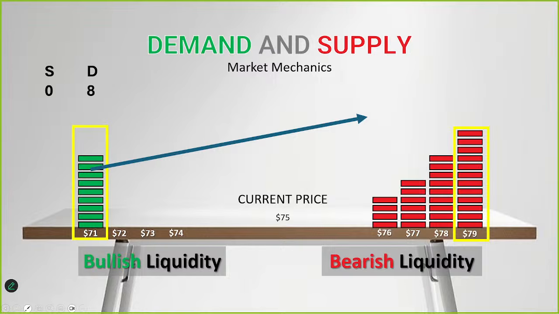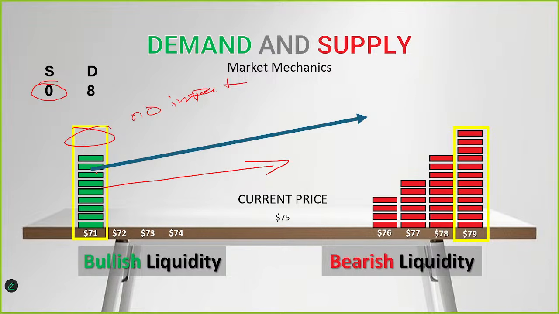They used to be here and now they're gone, and they have no impact on the markets going forward. What happens is there is zero supply, and once there is zero supply, price is allowed to go higher because it's driven by these unfilled orders that are still sitting back here on this chart.